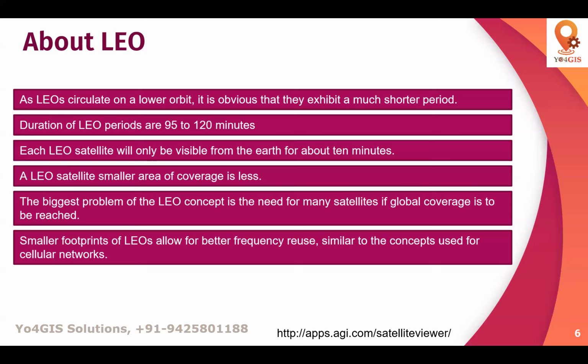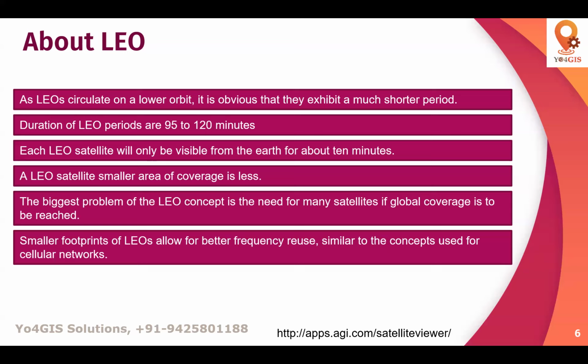The biggest problem of the LEO concept is that many satellites are needed if global coverage is to be reached. If I want to cover the entire Earth with the help of LEO, definitely we have to launch many satellites.